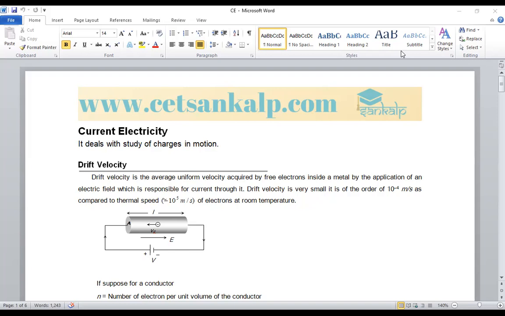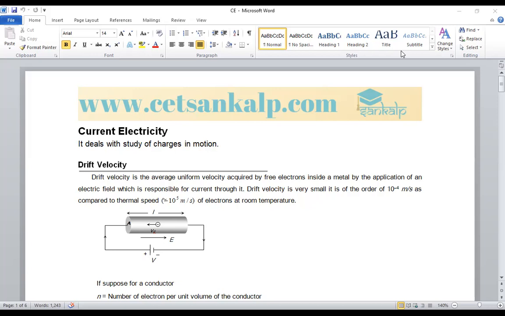It is denoted as J. So J is equal to I by A. Okay. The SI unit of current density is ampere per meter square.